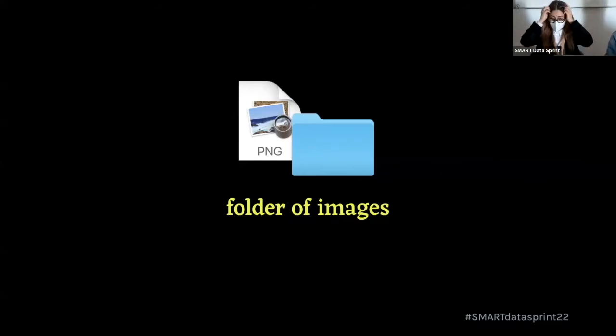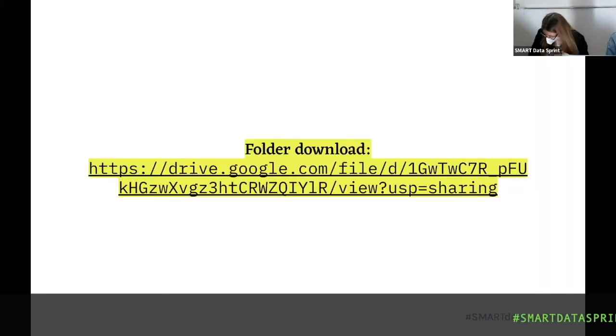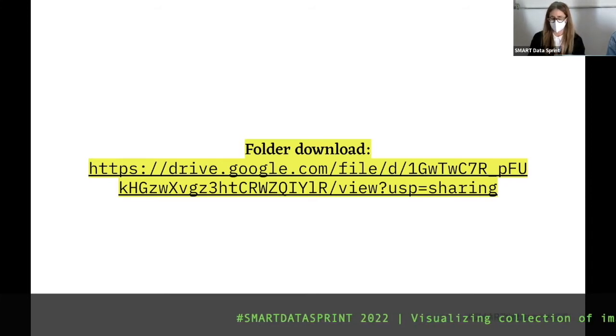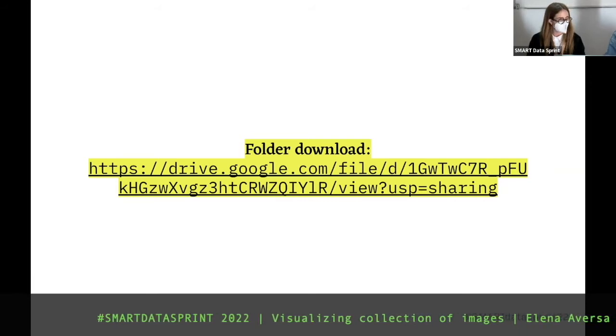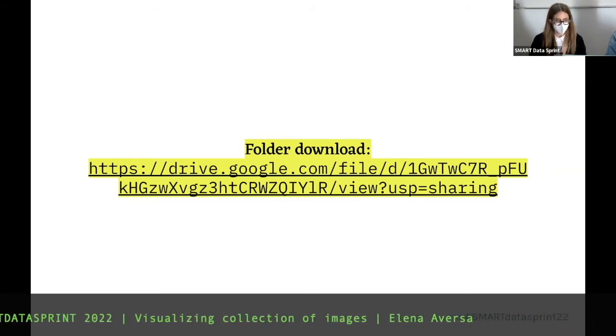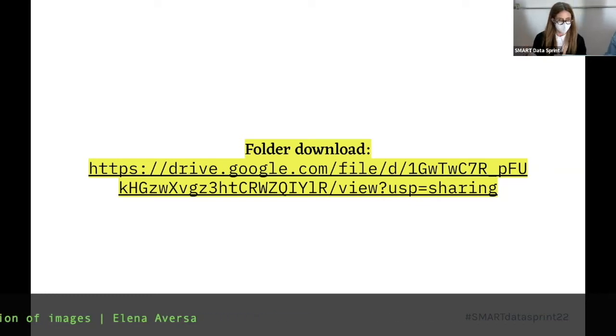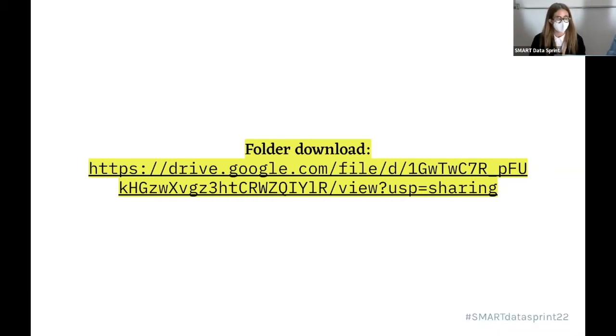Okay, the starting point of image analysis is, of course, a corpus of images. What is a corpus of images? Basically, it's a folder of images on our computer. To play with the tools and to do the different and fun activities of this part of the tutorial, you should download this folder, which contains something like 2,000, a bit more, images about the fires in Australia.